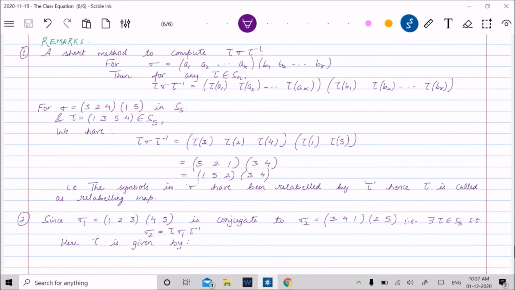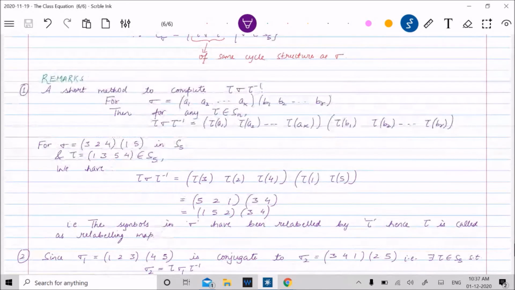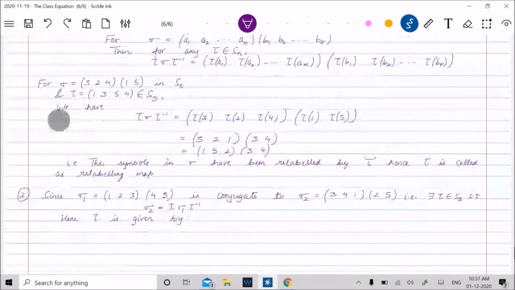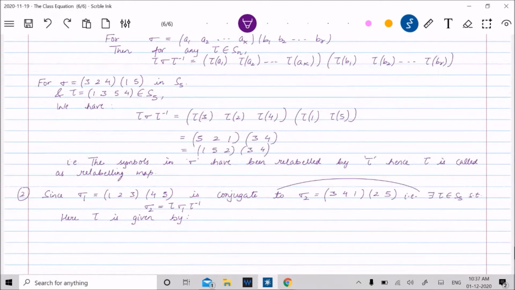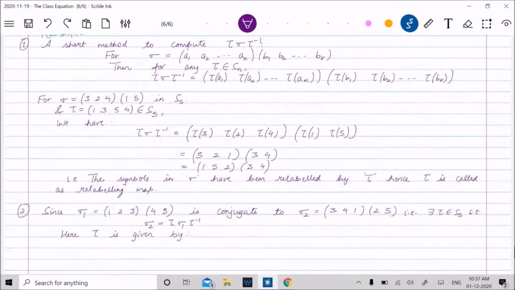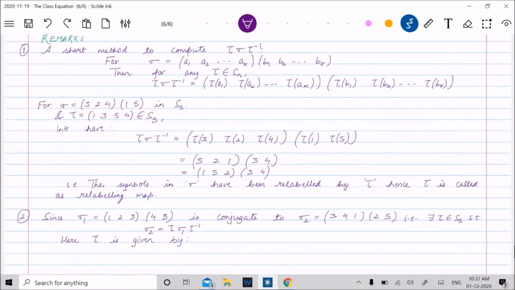So we want to know that tau. Just like here, we were given tau and sigma 1 and we obtained sigma 2. But this time we know sigma 1 and sigma 2, and my question is what is the tau which will convert that sigma 1 into that sigma 2 by the action of conjugation? So here's the simple answer for that. The answer is given by defining tau.